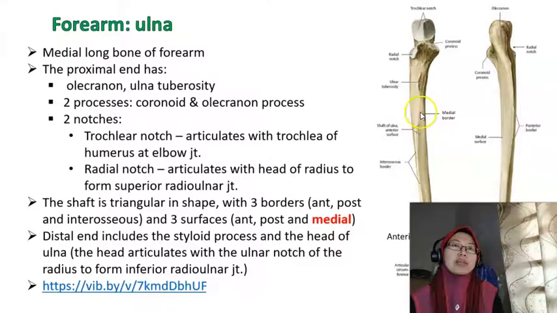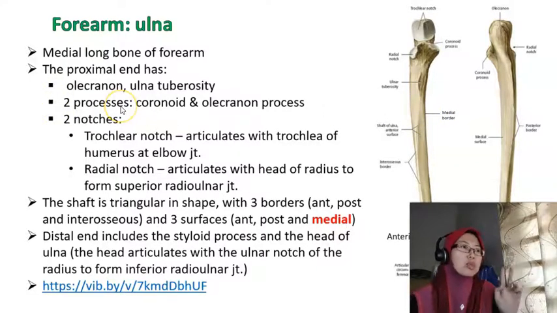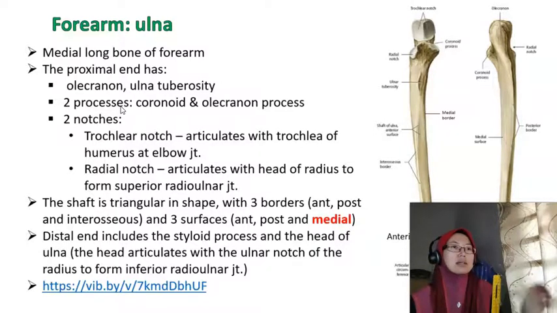Okay, it has two processes: coronoid and olecranon processes.